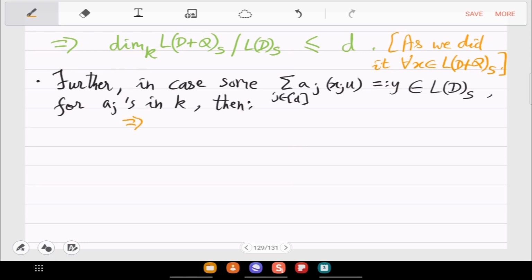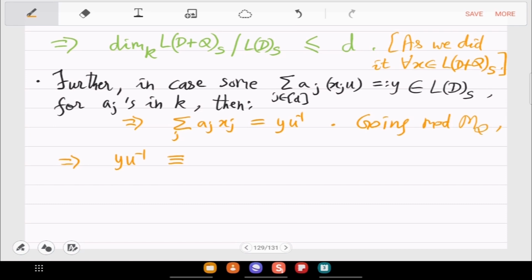So let's take out u. So sigma a_j x_j is equal to y u inverse, which means that y u inverse modulo the maximal ideal. The x_j and x_j prime are similar.